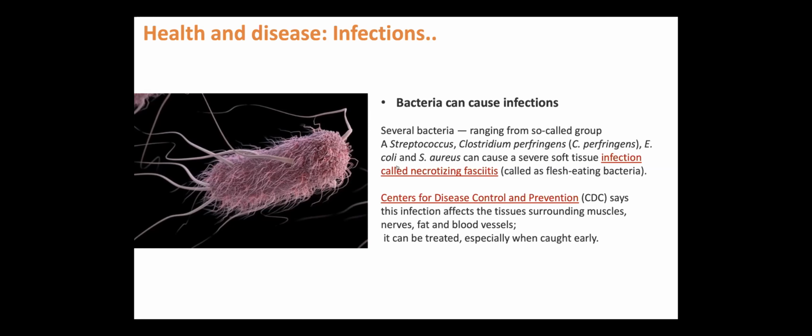I show an example here, which shows that Streptococcus and E. coli and a few other organisms can cause a flesh-eating disease, and it is very critical for our health to keep away from these organisms. I just brought this as an example of an infection.